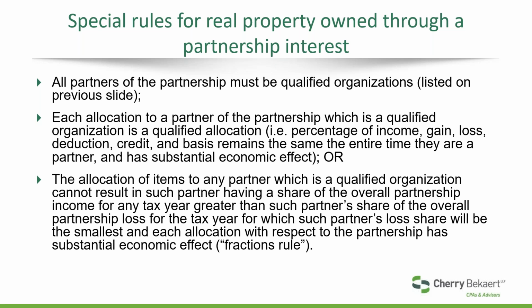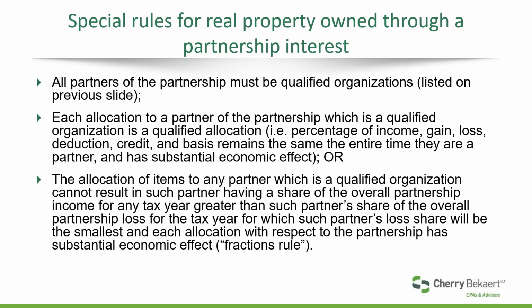That still can qualify under this exception if they can meet what's commonly known as the fractions rule, which basically means that the qualified organization partner could never receive a higher share of the overall partnership's income than it ever received of the partnership's loss.